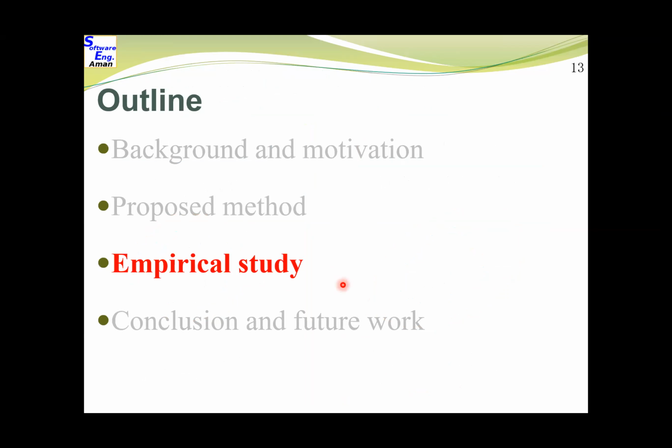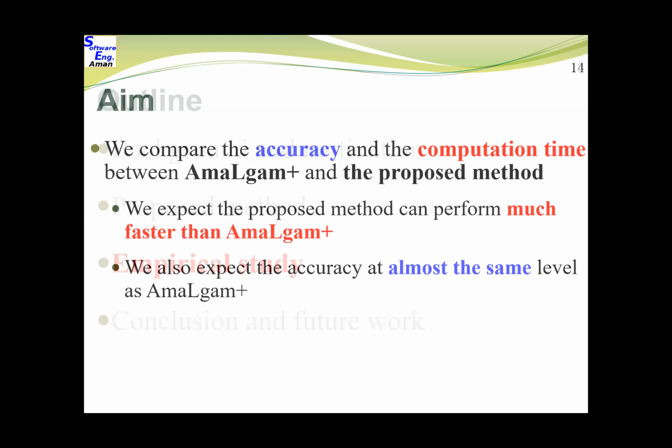So next, I will explain the empirical study. The study aims to compare the accuracy and the computation time between amalgam plus and the proposed method. We expect the proposed method can perform much faster than amalgam plus. And we also expect the accuracy to be almost at the same level as amalgam plus.